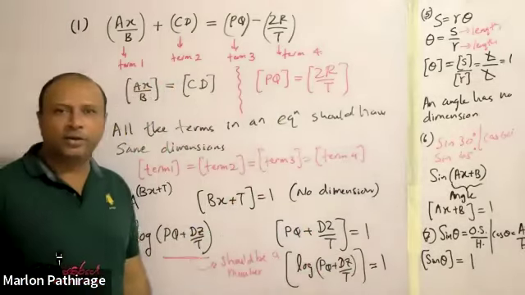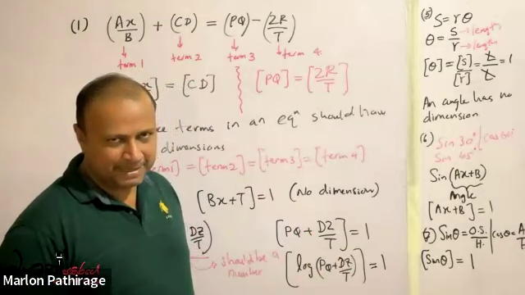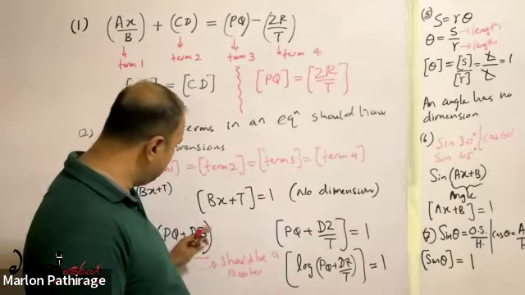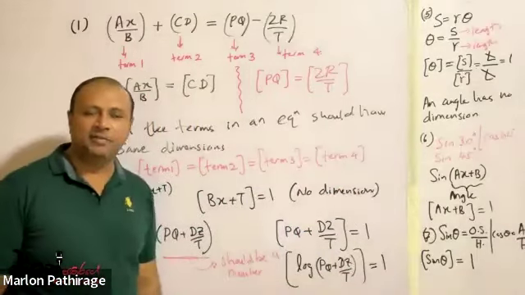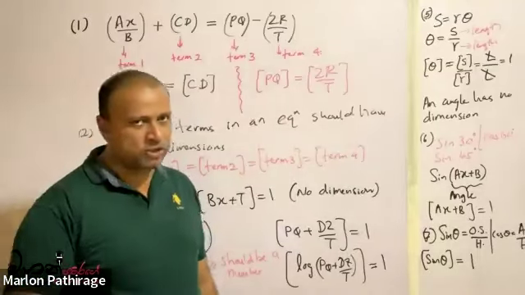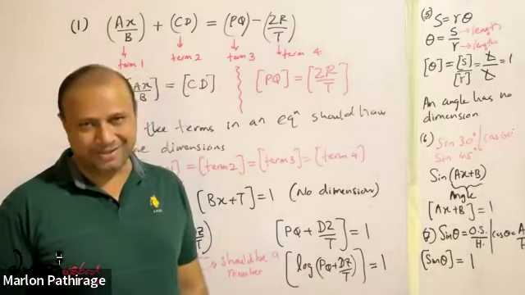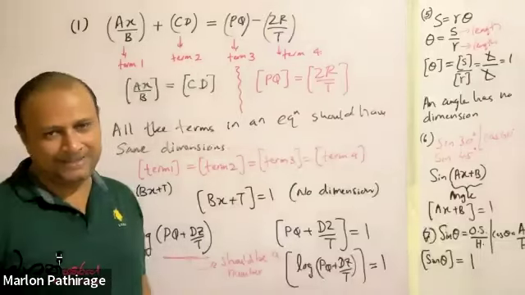So those are the rules. Actually, there are only 6 rules put there. But if we consider these two as separate rules, then there will be 8. But simply we can say there are 6 rules, but 8 applications in dimensional analysis.